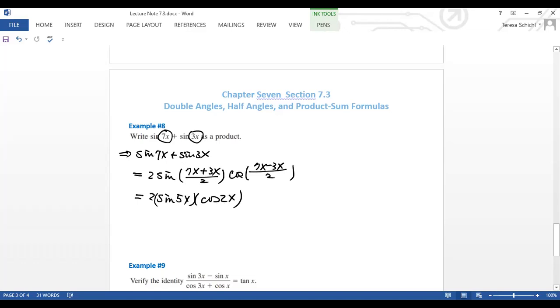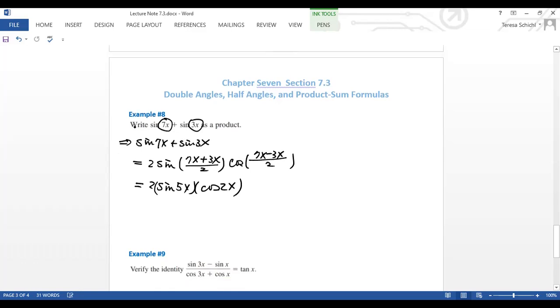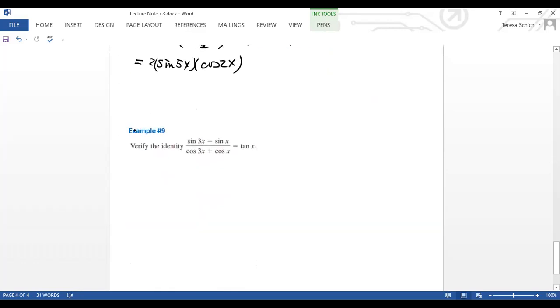Now let's take a look at the last proof. We need to prove that sine 3x minus sine x over cosine 3x plus cosine x equals tangent x. Like we said, we typically work on the more complicated side, so I'm going to start with the left-hand side.